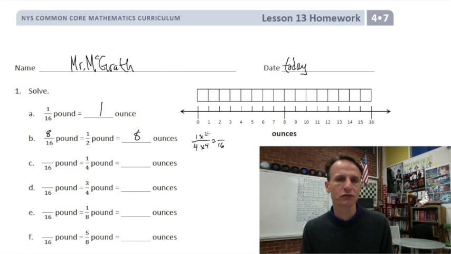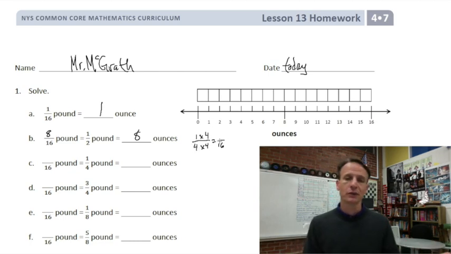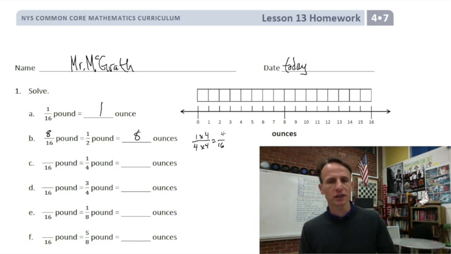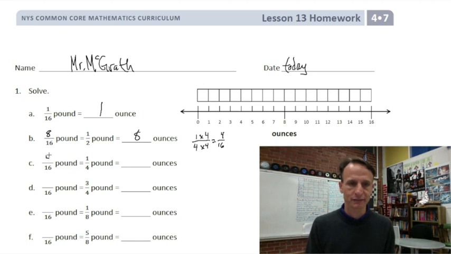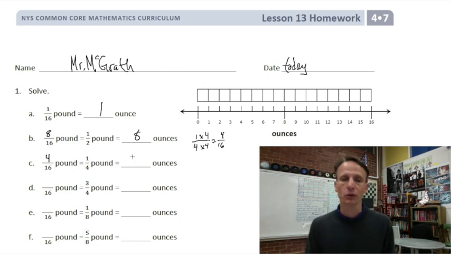So if we multiply 1/4 times 4/4, the value of 1, thereby changing the form but not the value of the original fraction, we end up with an equivalent fraction, which is more useful to us here. 1 times 4 is 4. So 1/4 equals 4/16. So 1/4 of a pound is the same thing as saying 4/16 of a pound, which of course is the same as saying 4 ounces.